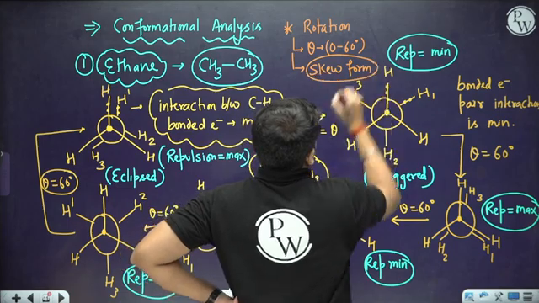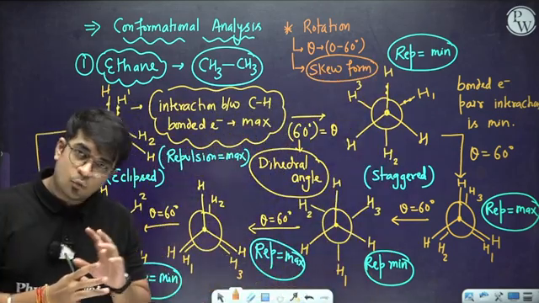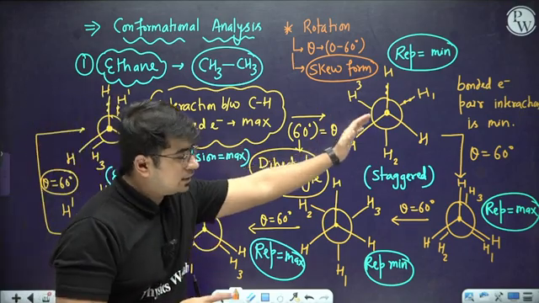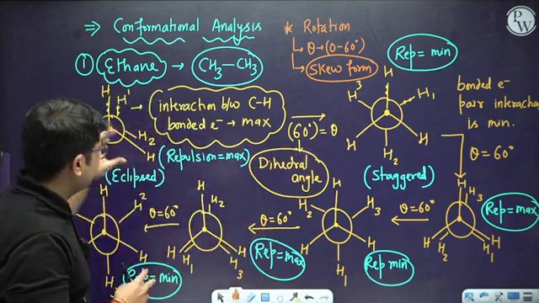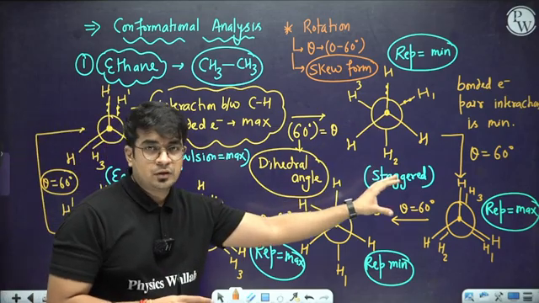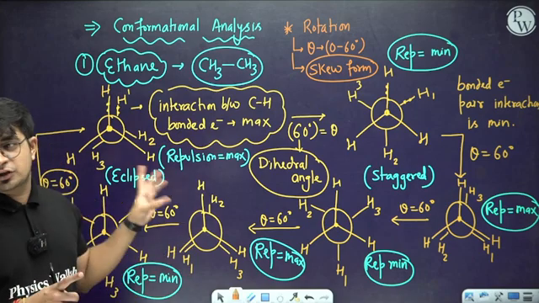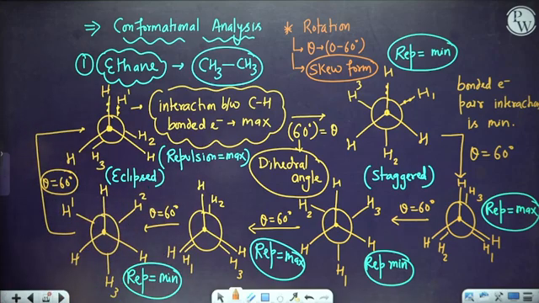Because at 60 degree you are going to create either eclipsed form or a staggered form. So in between is the skew form in case of ethane only. I hope this entire part is clear.